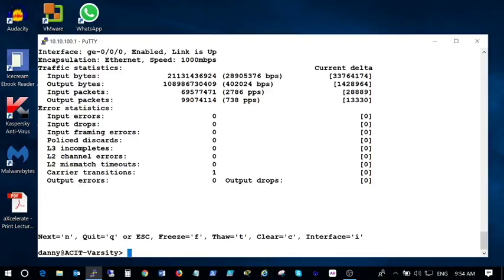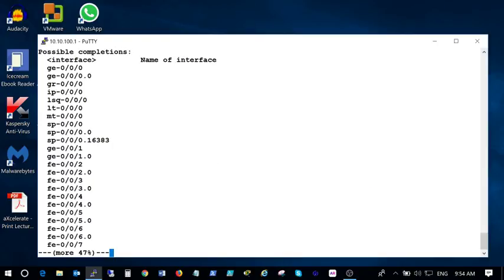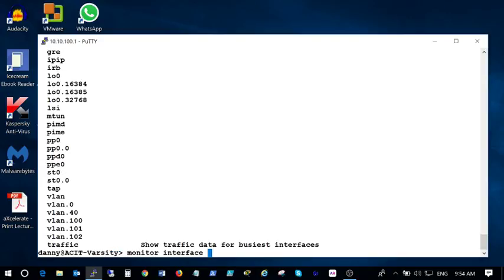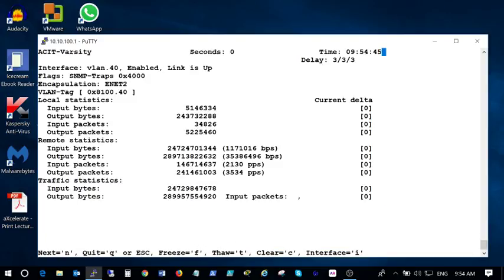That's a physical interface. We can also monitor logical interfaces. So for example, we can monitor a VLAN logical interface. Let's monitor, say, VLAN 40. And there we are.